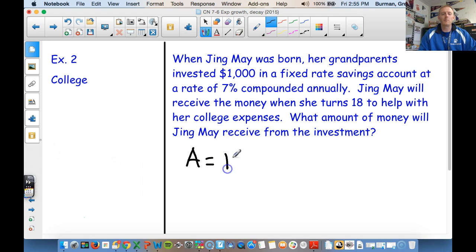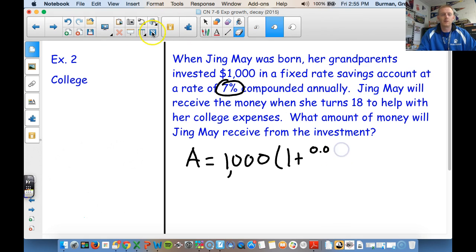$1,000 is going to be our P, so 1,000 goes in for the P. And then that's going to be times a 1 plus the rate divided by the number of times it's compounded. The rate is 7%, which is 0.07 because we moved it 2 times, divided by n.